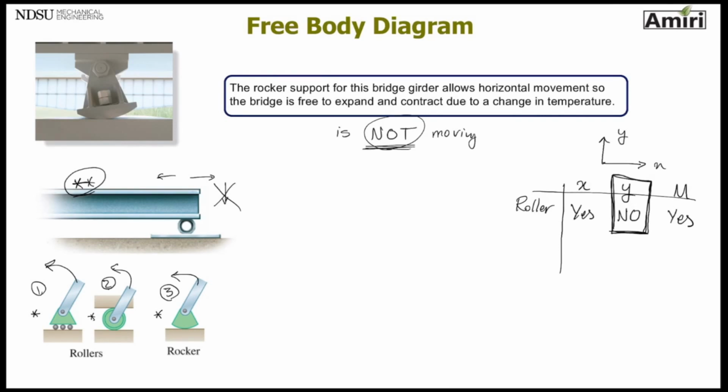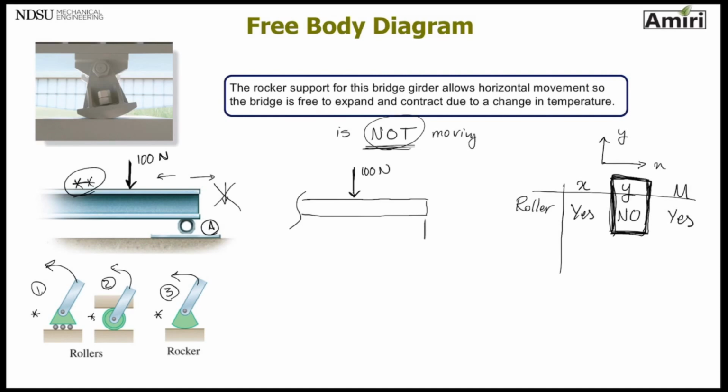What does that mean? It means step 1 is to draw the outline of your shape. Step 2 is to put active forces, which in this case I don't see any, but let's say there was an active force of, say, 100 newtons here. Step 3 is to put reactive forces, and what we care about is the "no" in our table.